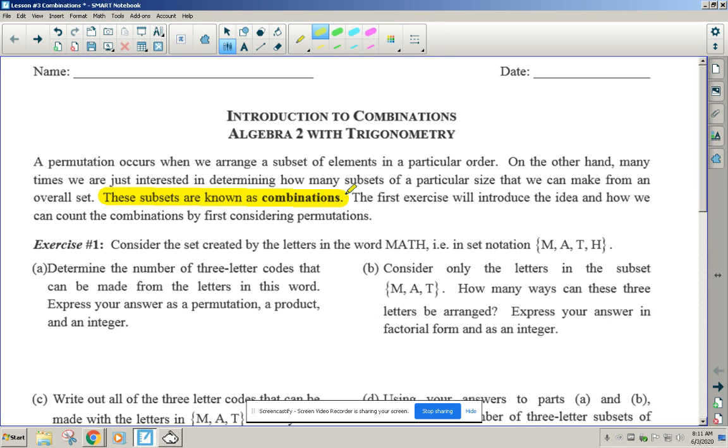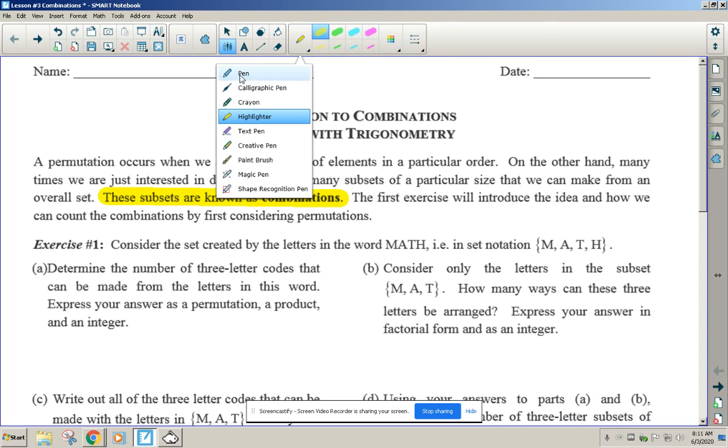But when you're talking about a combination, you're going to be talking about choosing or selecting. And in those instances, order doesn't matter. It just matters that you were selected. So let's start with permutation and build into a combination because that's what's going on here.